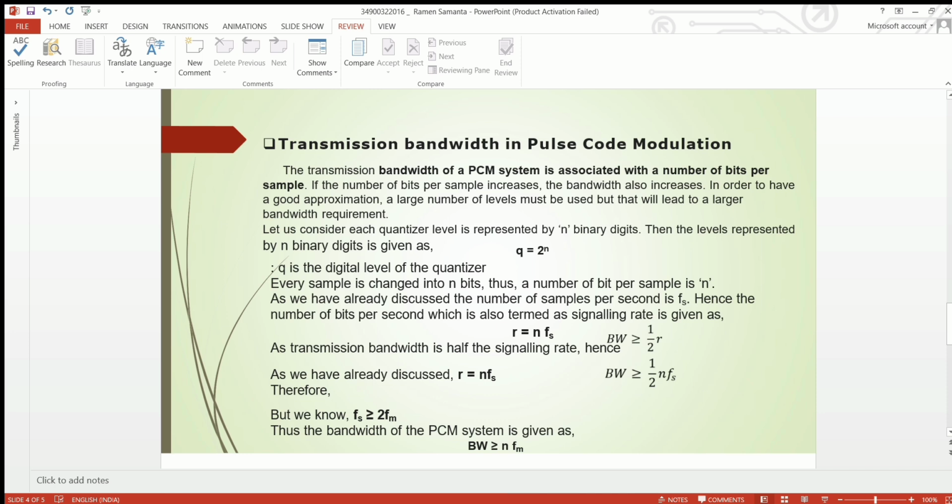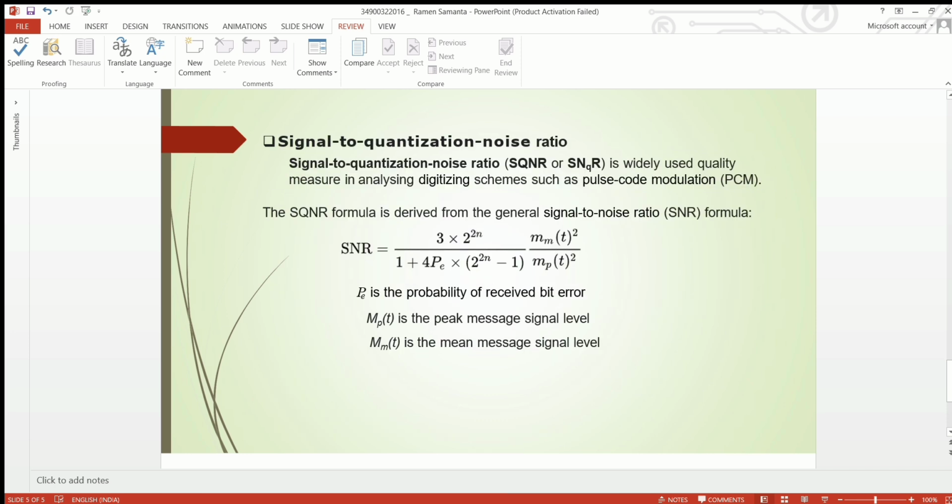Next, signal to quantization noise ratio. We can say SQNR or SNR subscript Q. Signal to quantization noise ratio is widely used as a quality measure in analyzing digitizing schemes such as pulse code modulation.